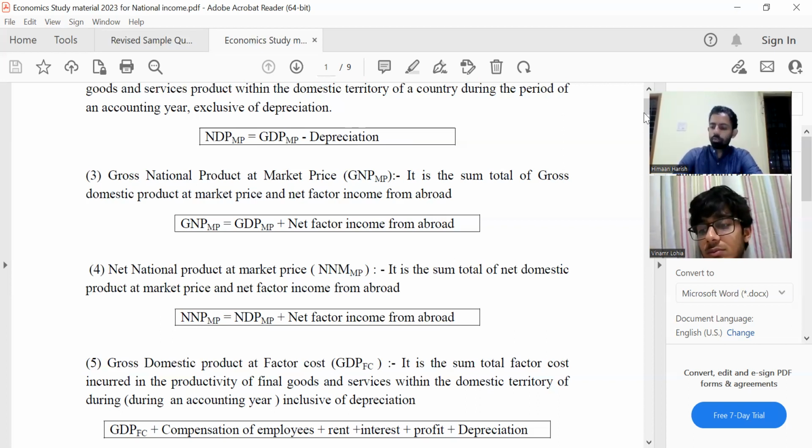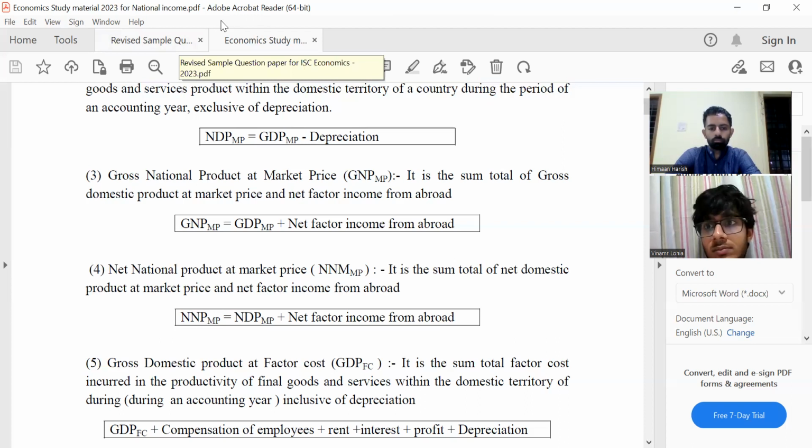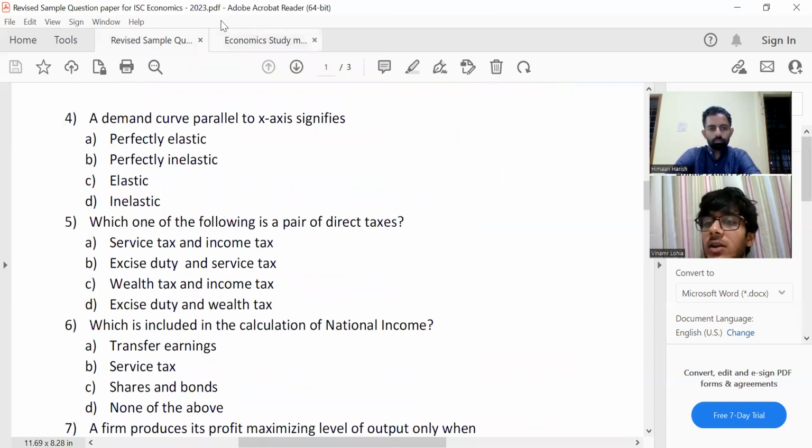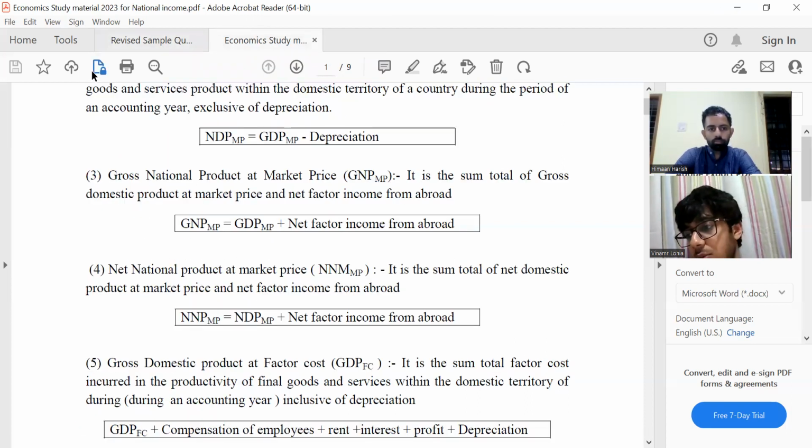There's a weightage also given. So it is for 8 marks, right? No, I think theory of income and employment comes for more marks.